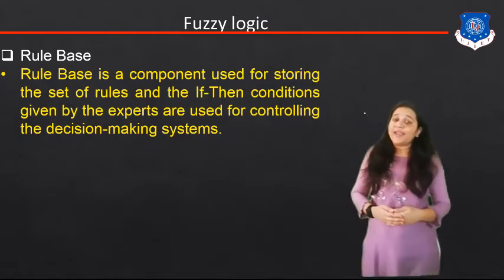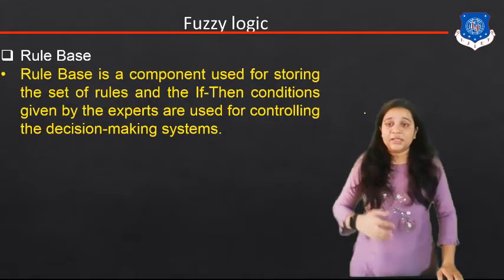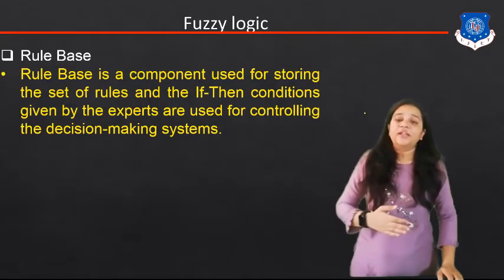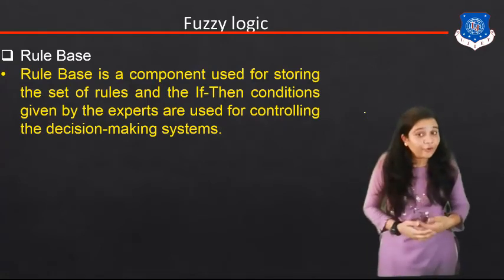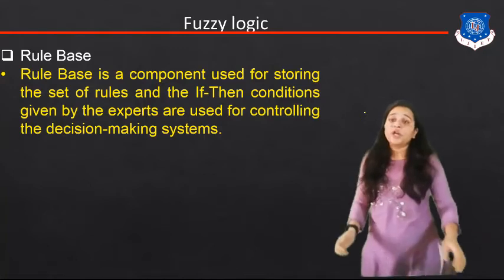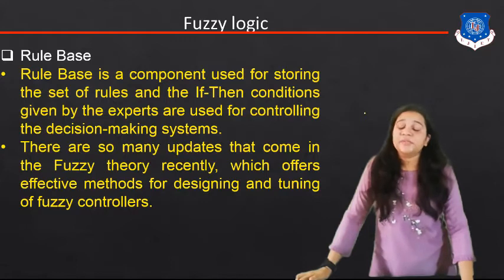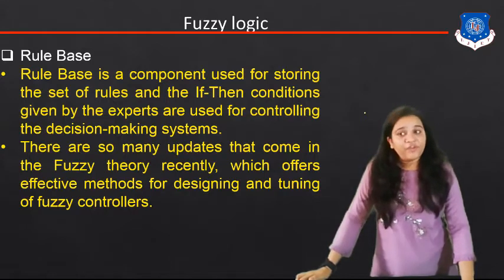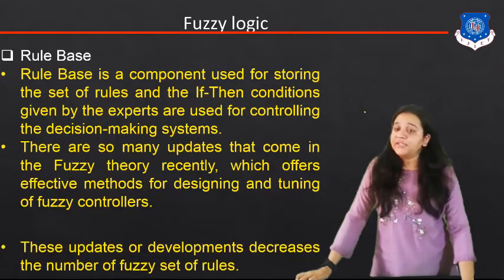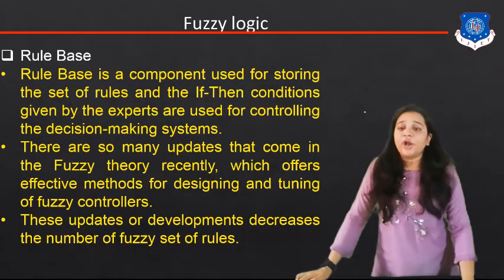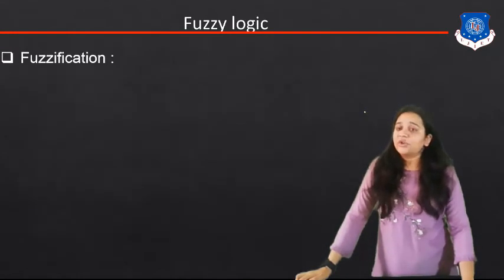Suppose the program is like that: if this condition is satisfied, then go through another condition; if not satisfied, then go out of the program. So for if-else conditions, if-then conditions and for loops, we can use rule-based fuzzy logic. There are many updates in fuzzy theory which offer effective methods for designing and tuning the fuzzy controller. These updates decrease the number of fuzzy rules. So this is all about the rule base.